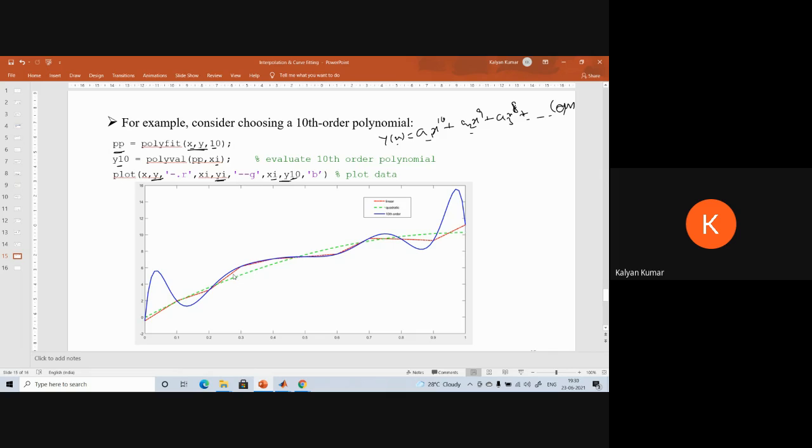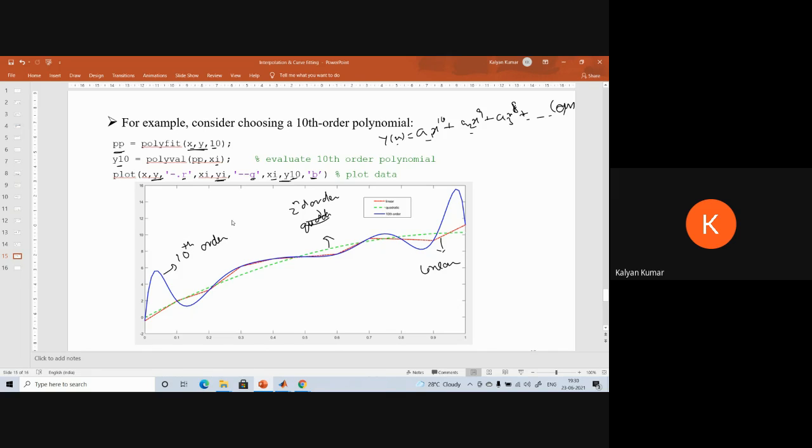This red line that I have used here represents the linear equation graph. The quadratic equation graph is represented by the green, so this G stands for green curve. This is the second order quadratic equation, and this blue line indicates the 10th order.